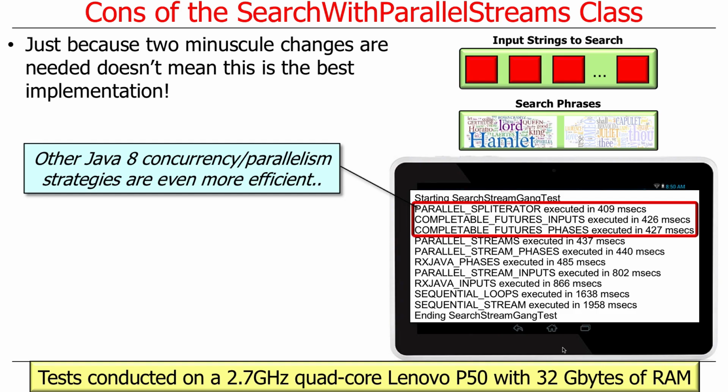But there are some downsides. And the main downside is just because we did minuscule changes to the code doesn't always mean it's the best thing to do. So you'll notice that there were other implementations that actually ran better than the Parallel Streams one. Now, the big question you have to ask yourself is, does it matter, right?